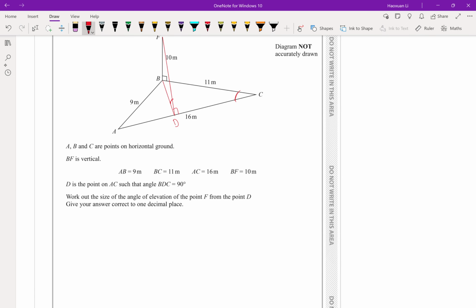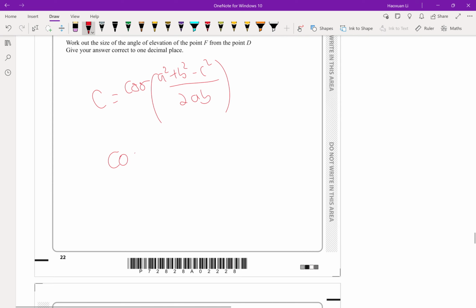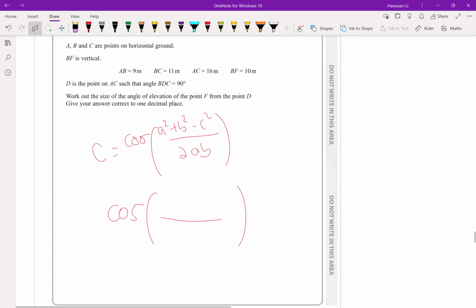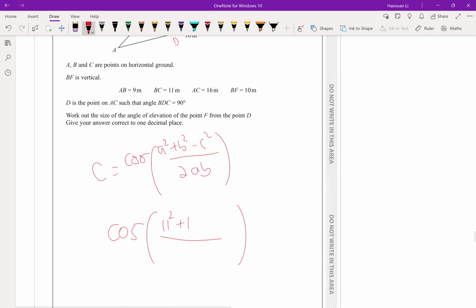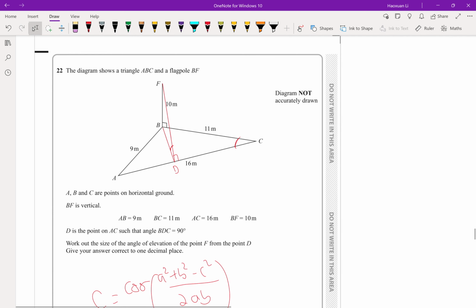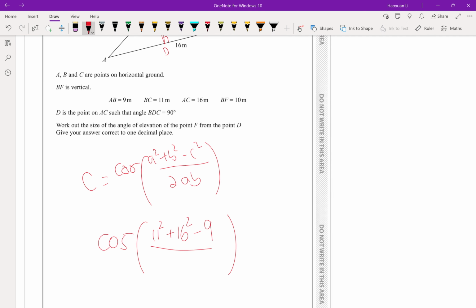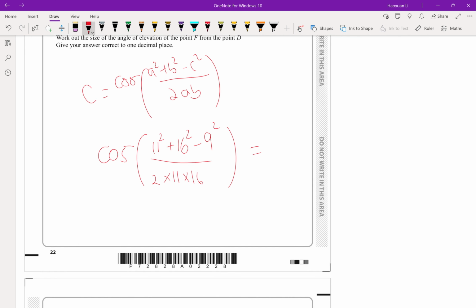Okay, so for angle C, we do cosine of a squared plus b squared minus c squared over 2ab. So cosine inverse of a squared is 11 squared plus b squared 16 squared minus c squared will be 9 squared, over 2 times 11 times 16, and this will give 32.76.